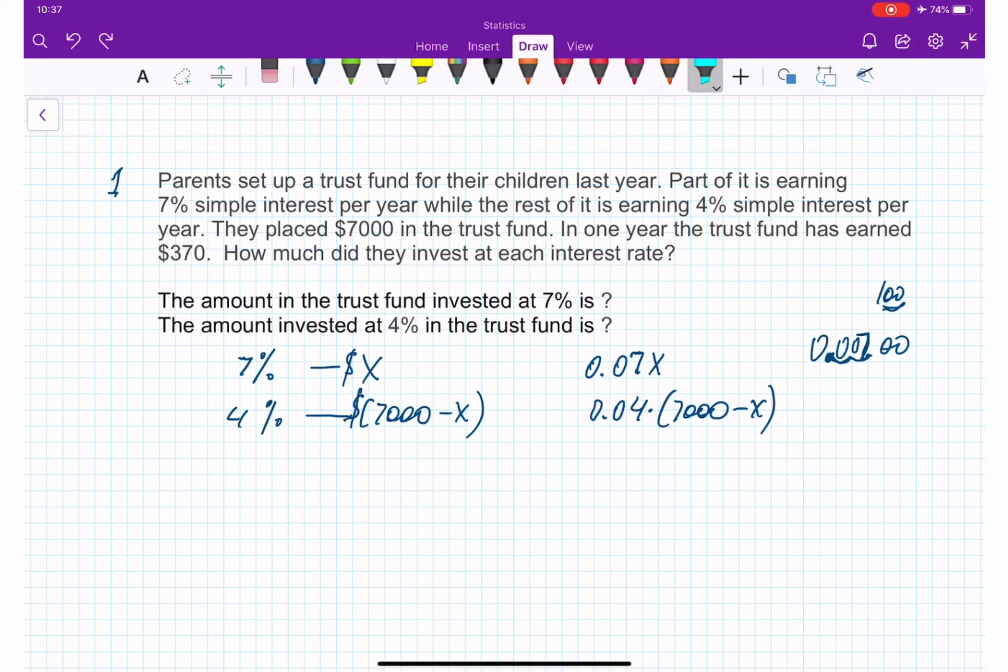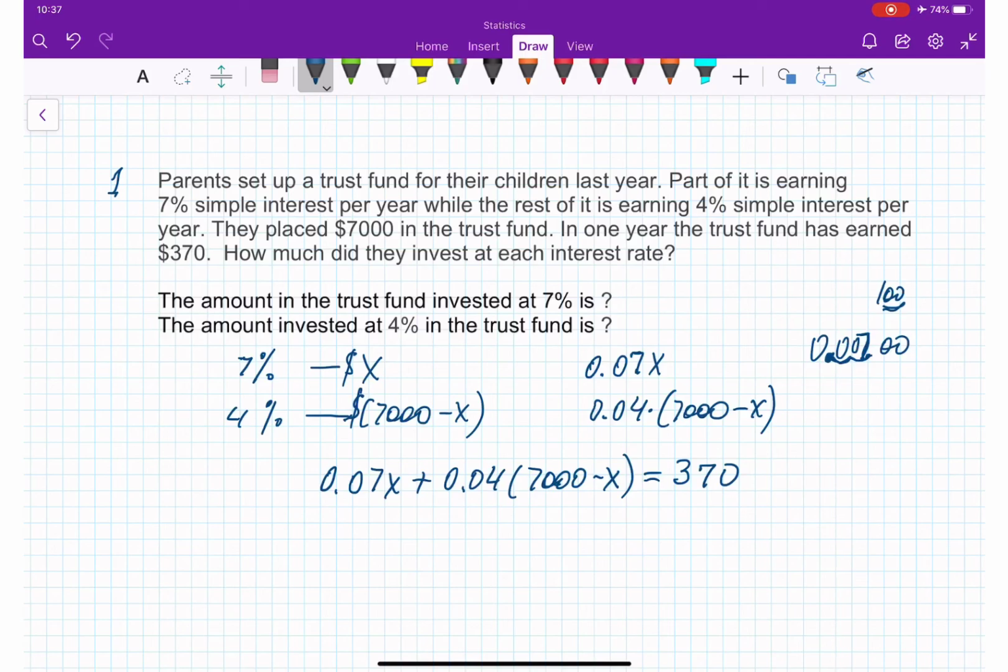So if I take the 7% interest amount of dollars, 0.07x, plus 4% amount of dollars, that is equal to $370. Yes? Okay. So let's solve it.